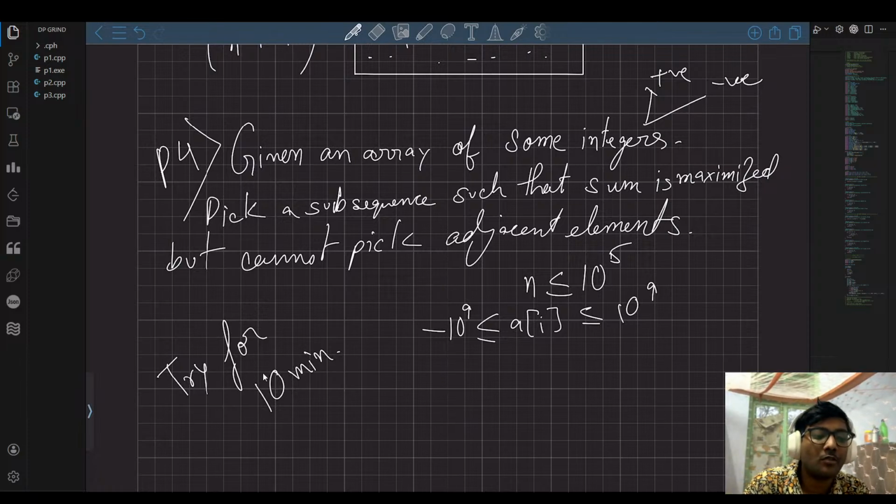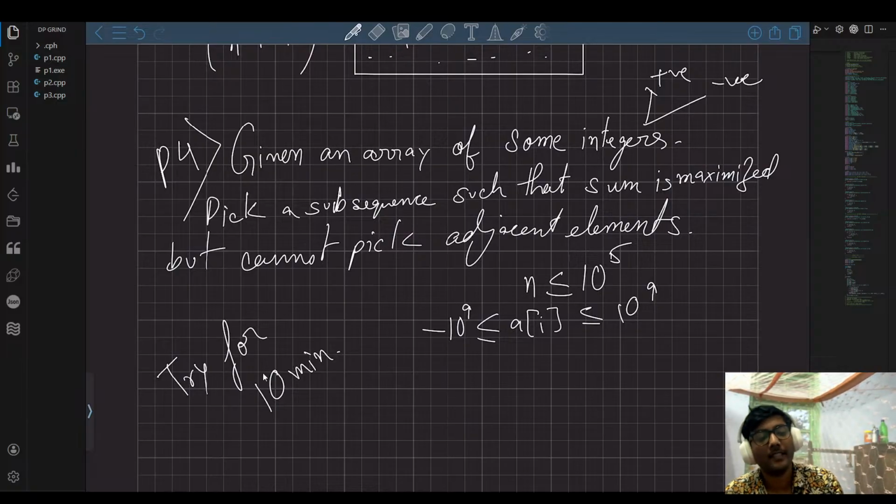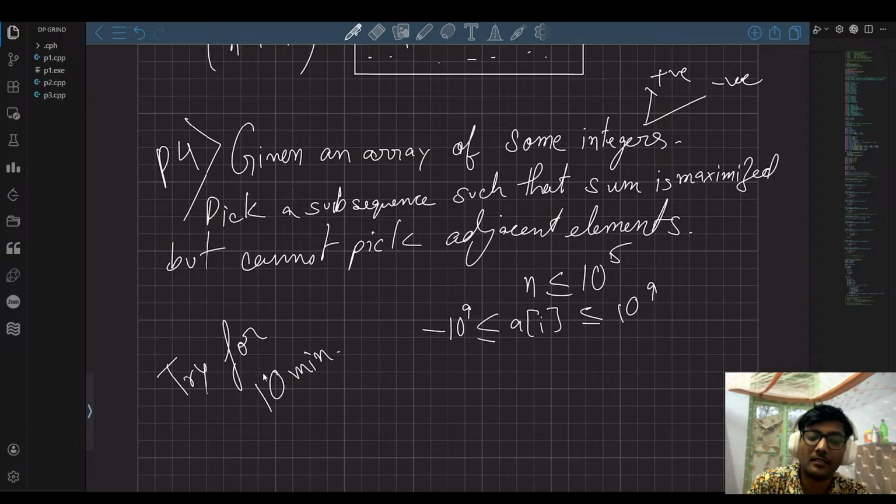Now let's try to solve this problem. This problem we will solve through four different approaches. And by these four different approaches, I will try to explain how to define a state and how the transition equations change based on the definition of states.